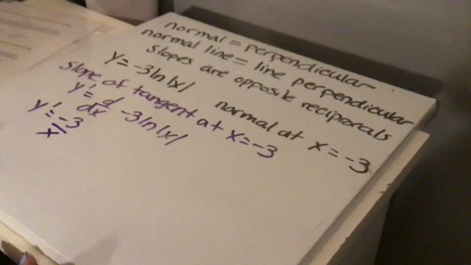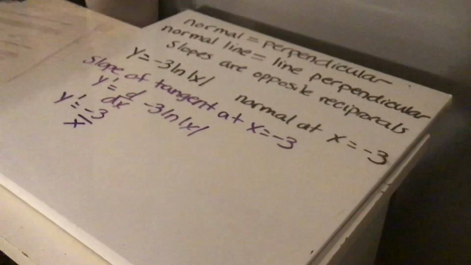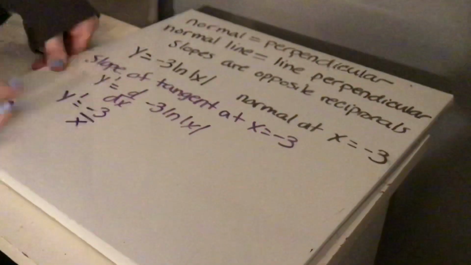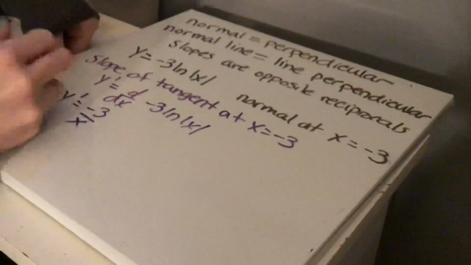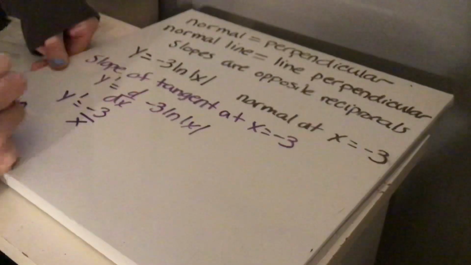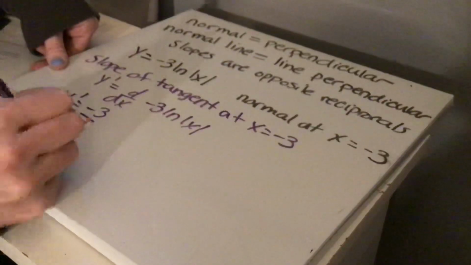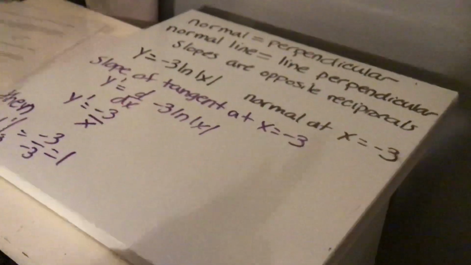Then evaluate it at x equals -3. So we get -3 over -3, which equals 1. So that is the slope of the tangent line.